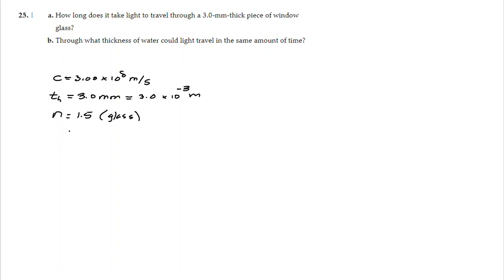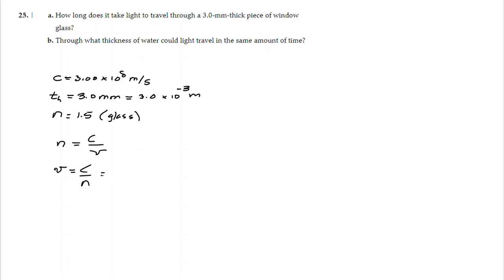So we know that the index of refraction is the quotient between the speed of light in vacuum and the speed of light in a given medium. If we want to find the speed of light in glass, we need to divide the speed of light c in vacuum by the index of refraction.